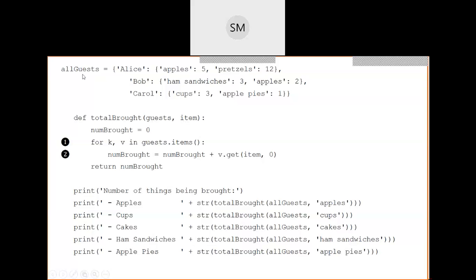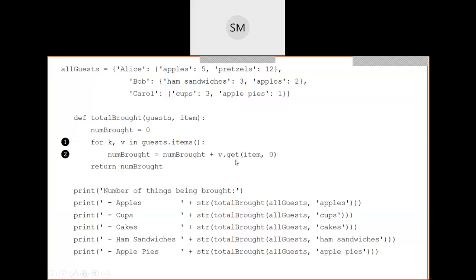Okay, we will come to this part later. So within this for loop, once again I use that variable, that is numBrought, because initially it was 0. Now I have to update it. How do I have to update it? So that is numBrought plus v.get function. In the previous class I told you the get function, how to use this get method.